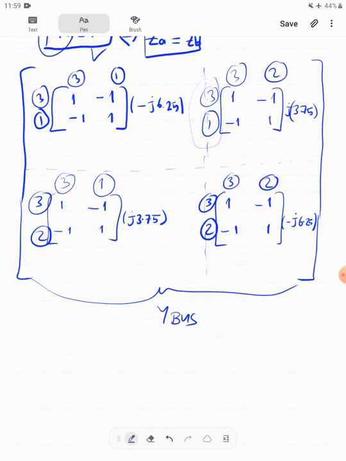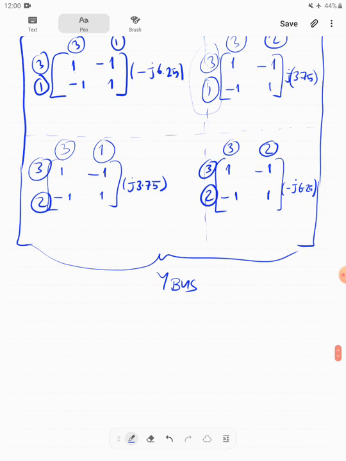This value is 1 multiplied by minus j 6.25. For example, what is this element? What is the magnitude of this element? I mean, 2 and 3. You just multiply minus 1 by minus j 6.25 and vice versa. And as you see, you have to repeat these steps 16 times.